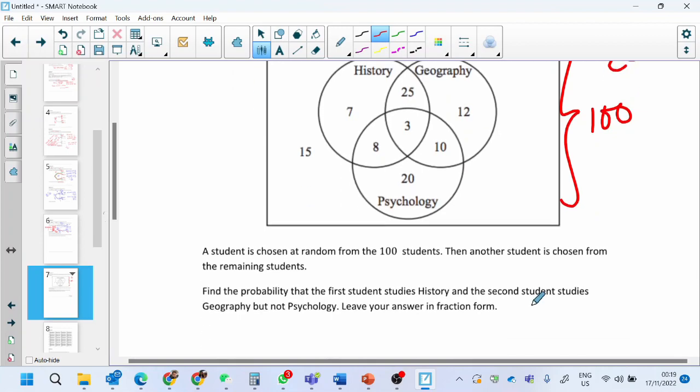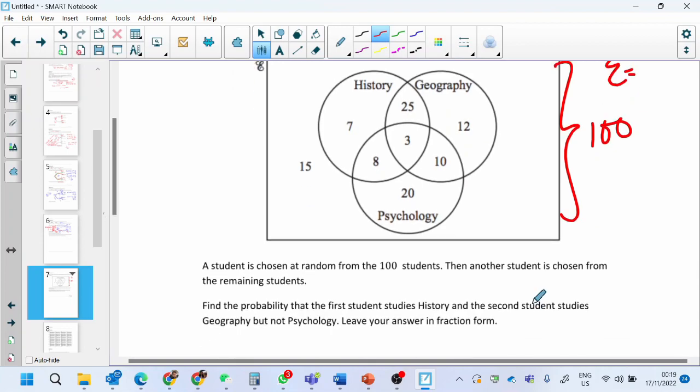Okay, so now it says that a student is chosen at random from 100 students, and another student is chosen from the remaining students. So the second student is chosen not from the 100 but the remaining. Find the probability that the first student studies history and the second student studies geography but not psychology.